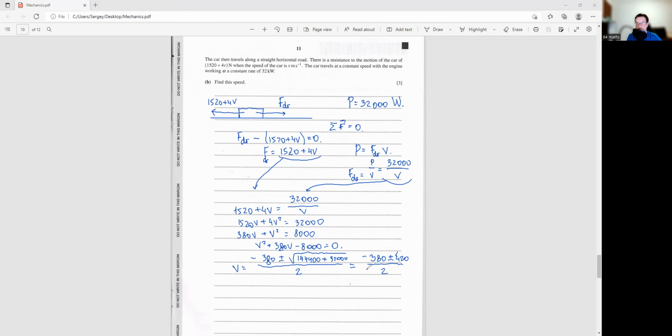Now, I'm going to take only plus in this formula because velocity should be positive. That gave me 20. Okay, so that's my final answer, 20 meters per second. Let's move on to the next question.